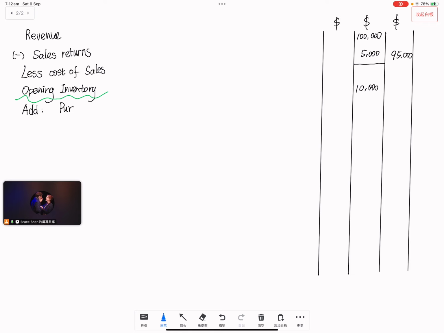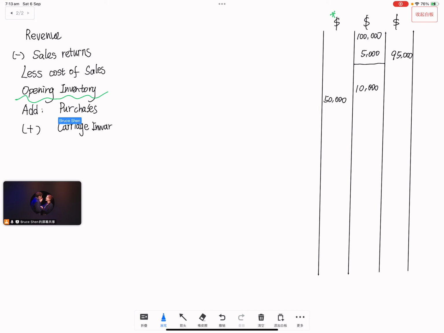Those details we record here. Purchases, it is normal to find this figure. And we have the carriage inwards. We need to also add it right here, so we need to have a figure here.